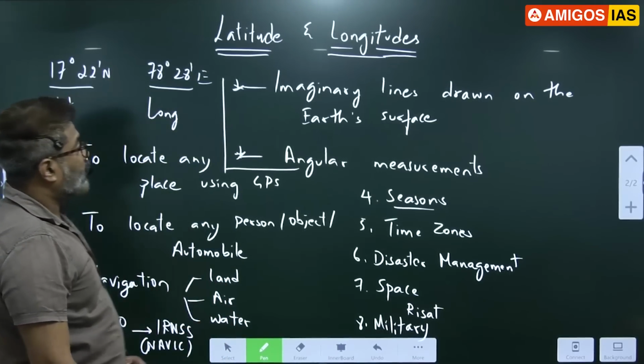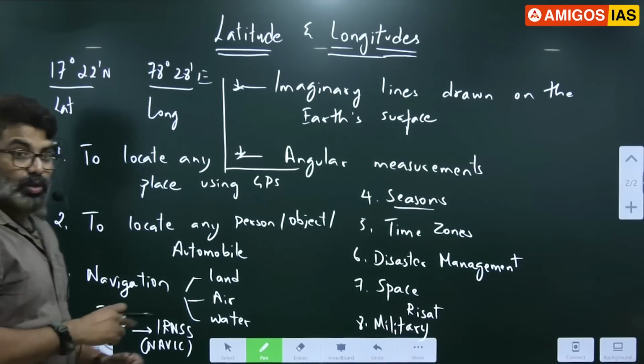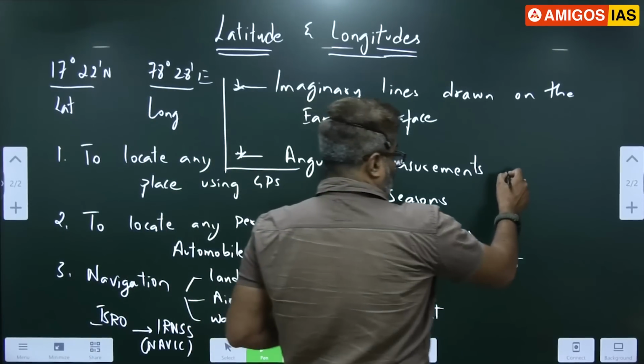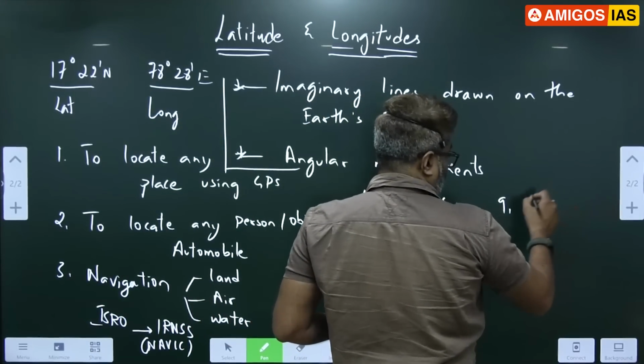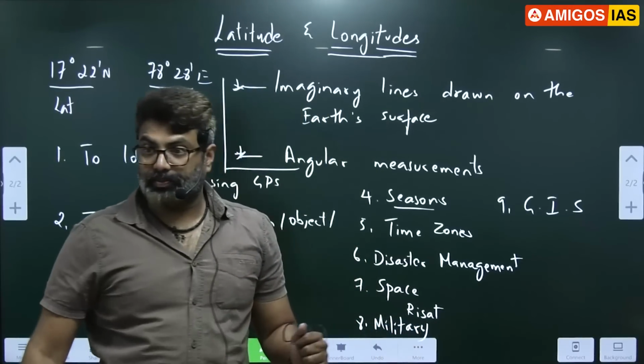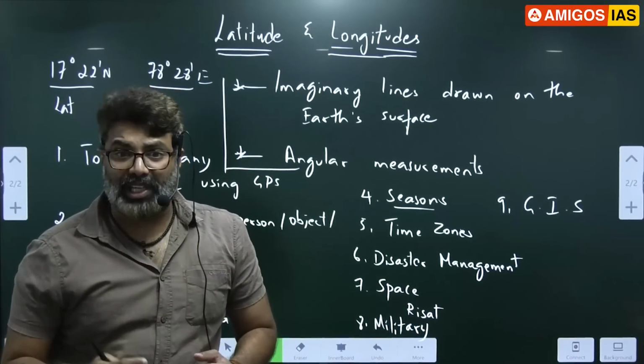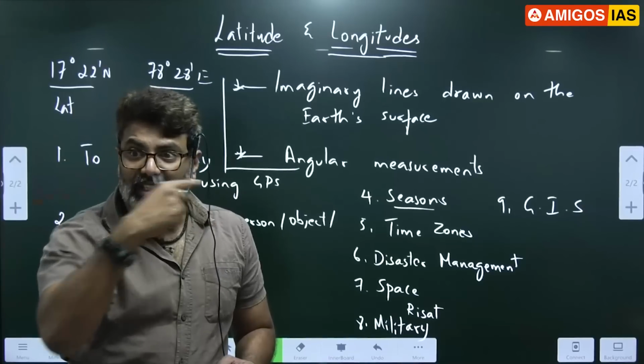Okay. So like this, there are a lot of applications. So many times we have applications like GIS, Geographic Information System. Today, everything is connected. Your banking system is connected. Your traffic signals are connected.